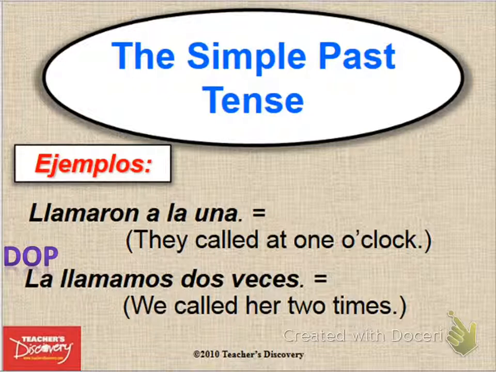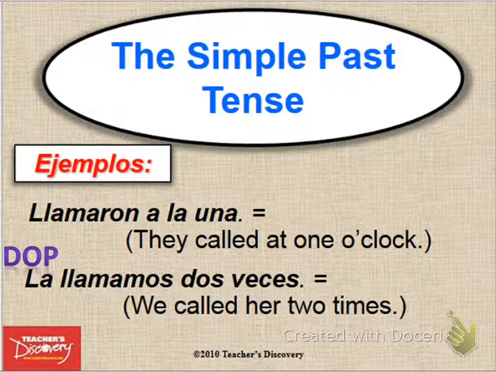So we can always tell what our subject is by our verb. In this case, we called, past tense, her. So the la can refer to anything that is feminine and singular that's receiving the call. So those will keep coming up throughout the semester.